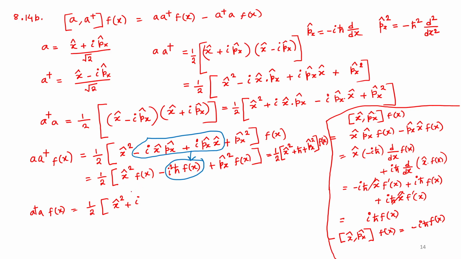So the next part is I. So now we are discussing A dagger A when it is operating on f of x. I x p of x minus I p of x plus px square operating on f of x.